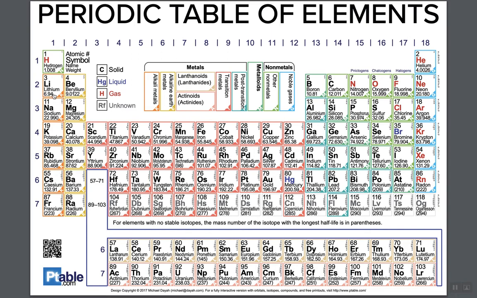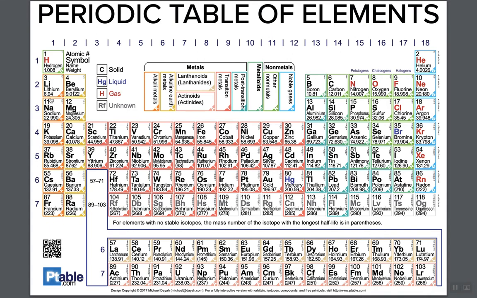Now remember, the atomic mass is the weighted average of all of the isotopes. So if you round that to the nearest whole number, you'll get the most common isotope for that element. You should also be able to tell me the number of energy levels it has based on the period, or the row that it's in.